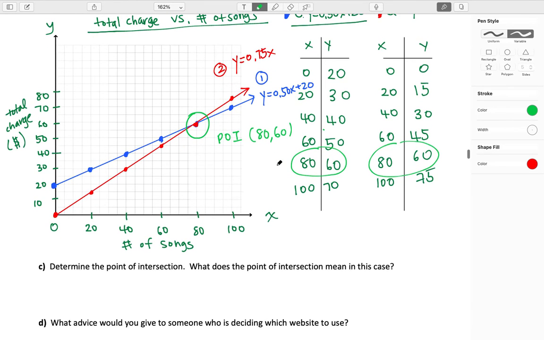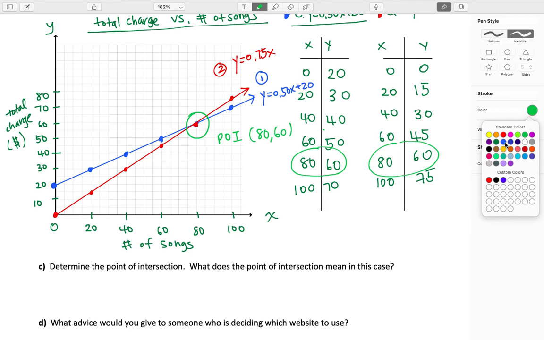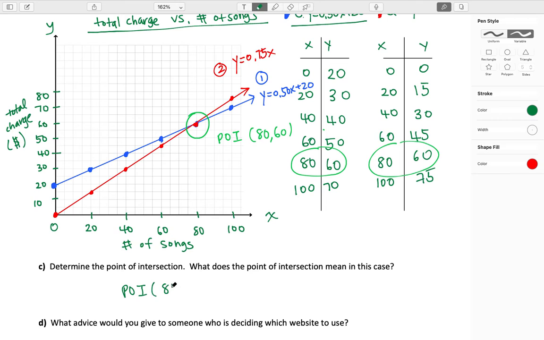Now, to determine the point of intersection: the point of intersection here is at 80 songs, and it's going to cost $60 for both companies. So it means that for 80 songs downloaded, both websites charge $60.